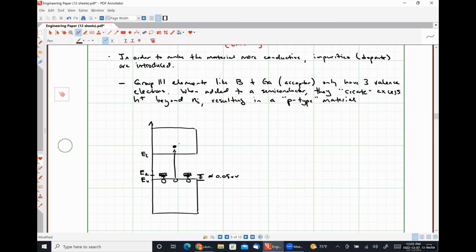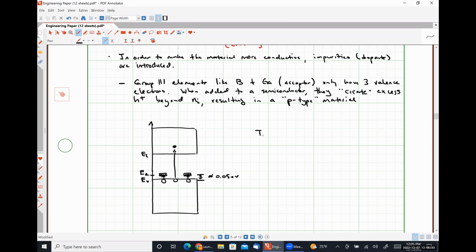So these acceptor atoms ionize very easily, and it happens at a pretty low temperature, so that by the time we're operating at room temperatures, we get hole concentrations on the order of 10 to the 15 to 10 to the 17 charge carriers per cubic centimeter. So we get a much more electrically conductive material, right?